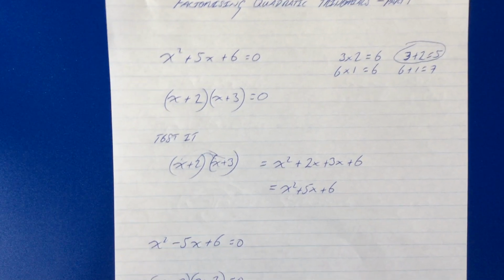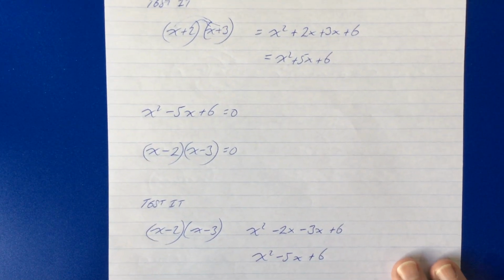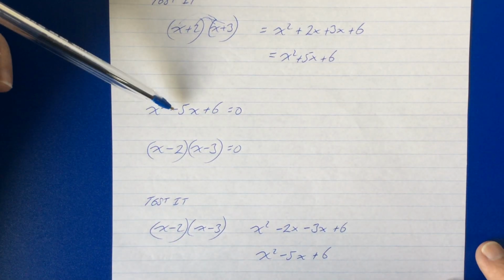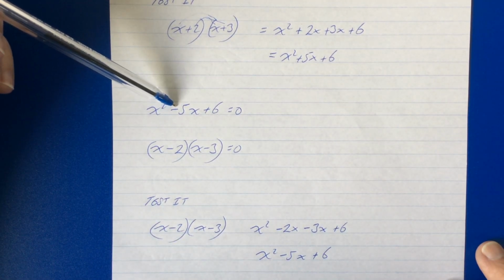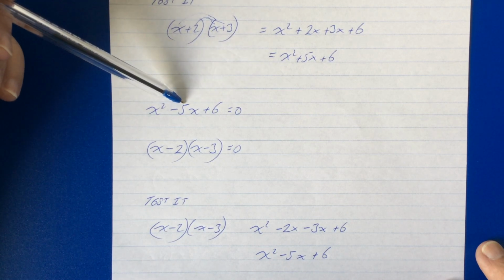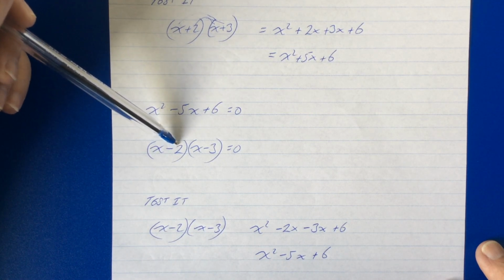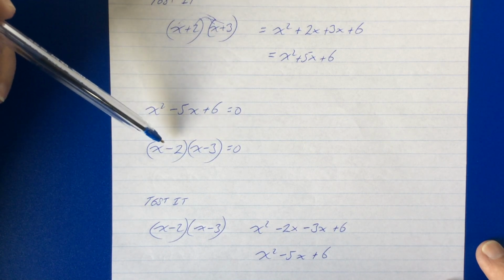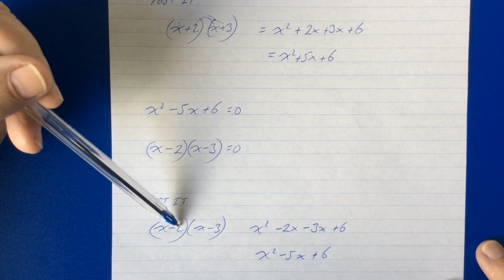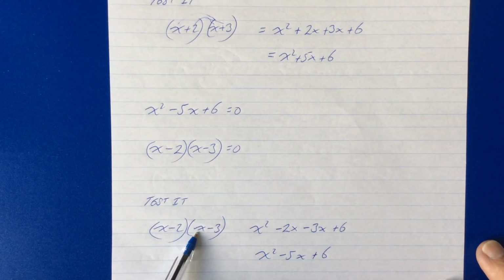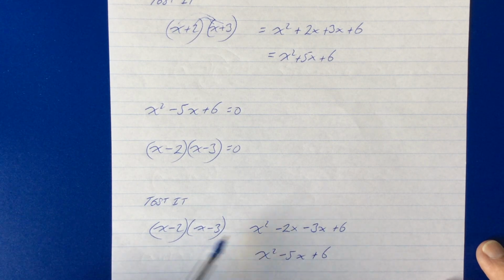Now let's try this with a slightly different quadratic, based on the same one, but slightly different. We've got a minus sign in here. We go through the same process. We find the factors of 6 that add to 5. It just so happens that those factors are negative 2 and negative 3. And again, if we multiply this out, negative 2 times negative 3 still gives us positive 6. Negative 2 times x gives us negative 2x.